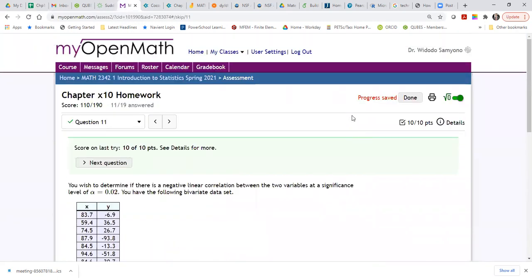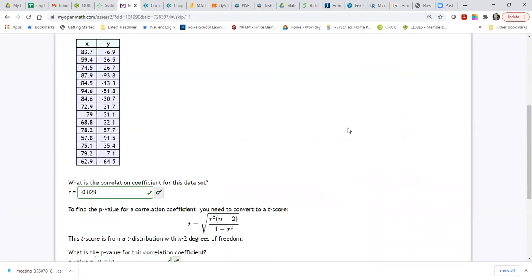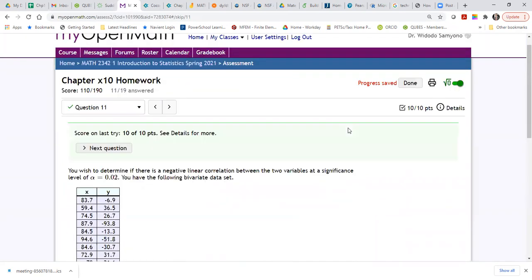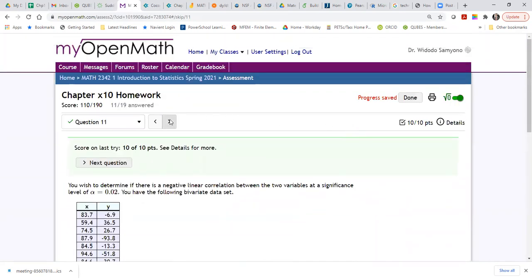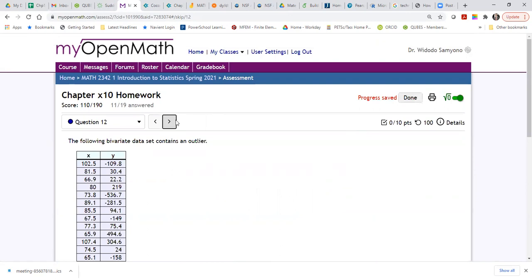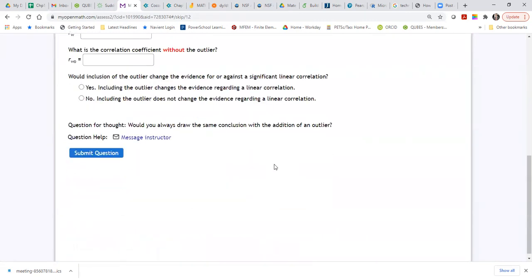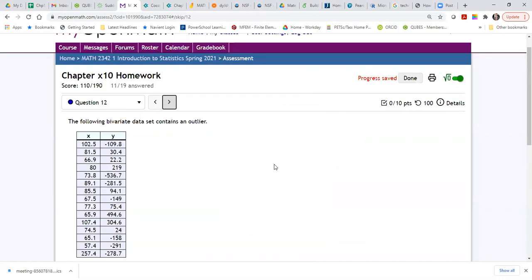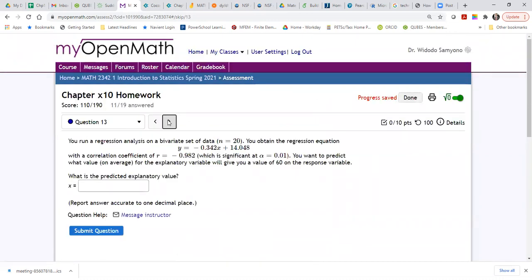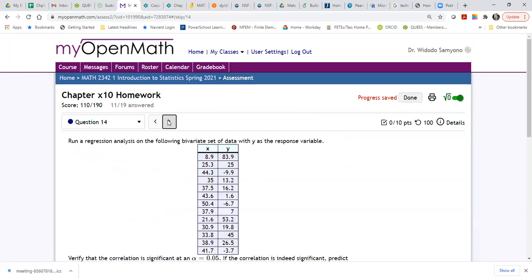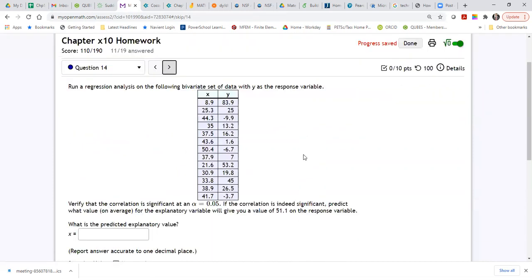Okay, how many more are left? If you can continue by yourself, we can discuss next time. I'll give you one more example here. This is a sample that most of the students make mistakes on.